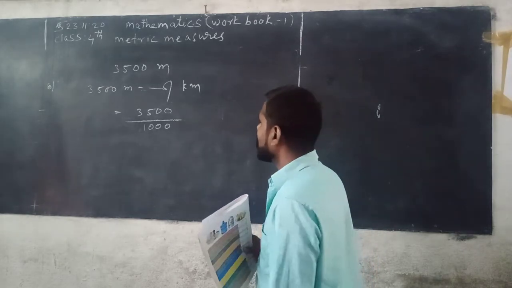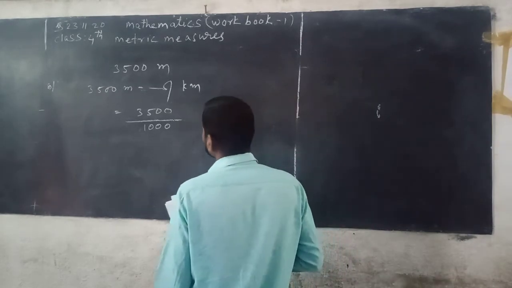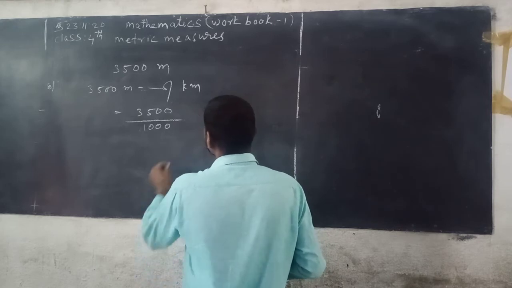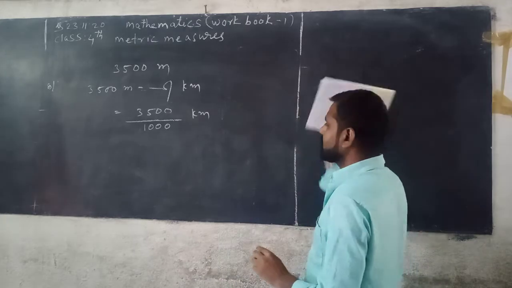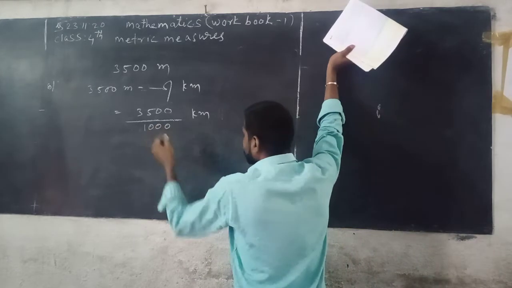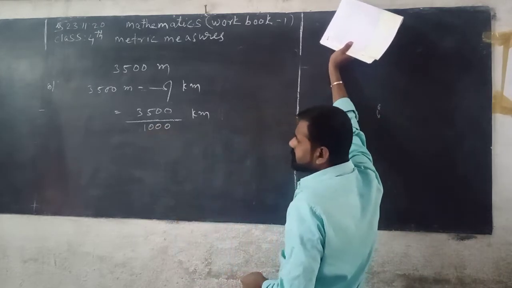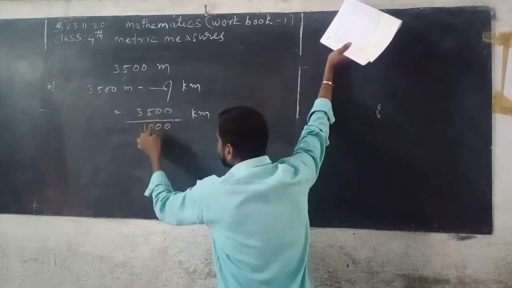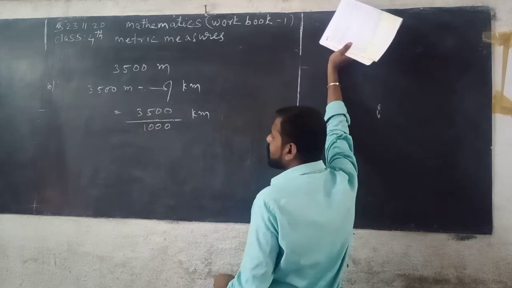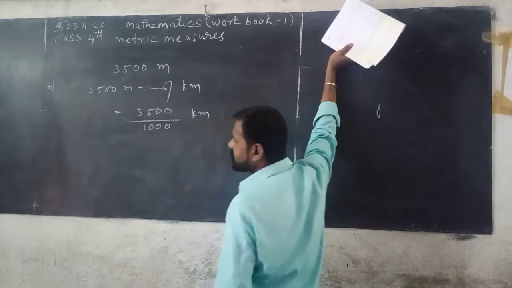See here, kilometers. So there is a shortcut method. Any number divided by 1,000, the point moves to the left side 3 places.